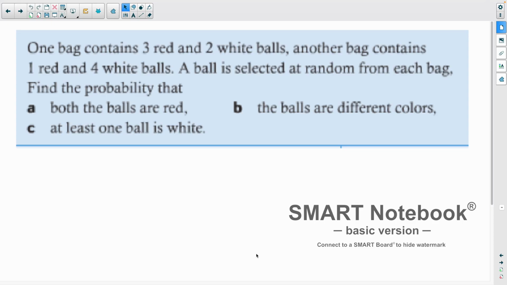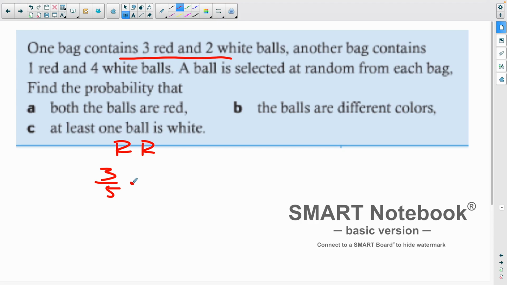Now, the first thing it asks me is this, okay? So if I reach into this one and grab a red, and I reach into this one and grab a red, what would be the probability that I get red, red? Well, what's the probability to get red out of that container? 60%, or 3 out of 5. There's 5 in there, 3 of them are red. So 3 out of 5, or you could say 60%.